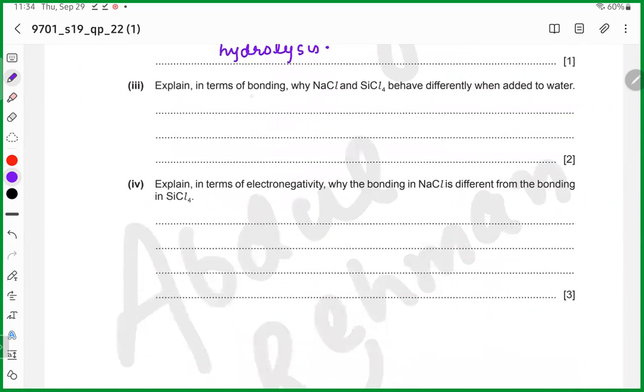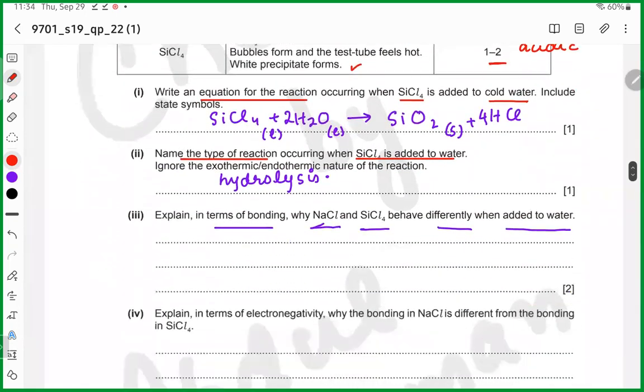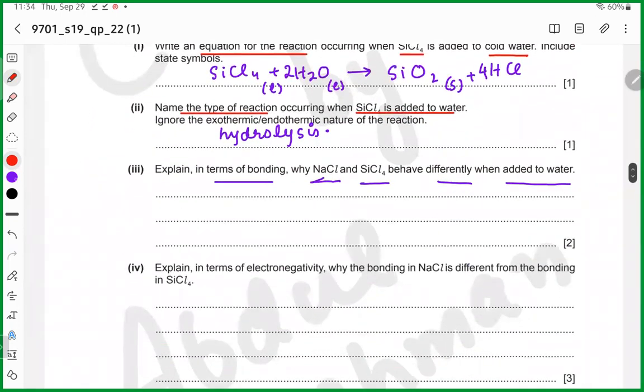Explain in terms of bonding why NaCl and SiCl4 behave differently when added to water. We are observing a different reaction here. So we can answer by stating that it is due to the nature of the bond.